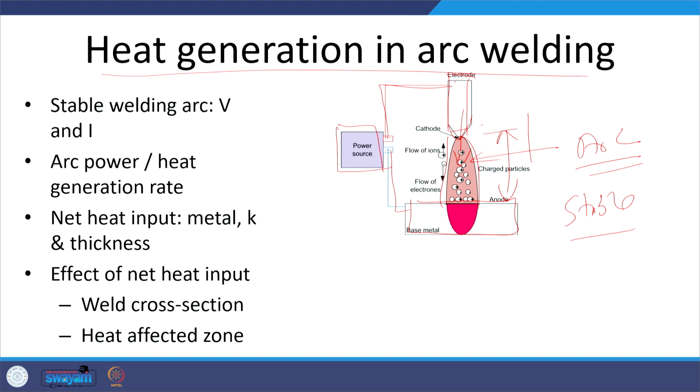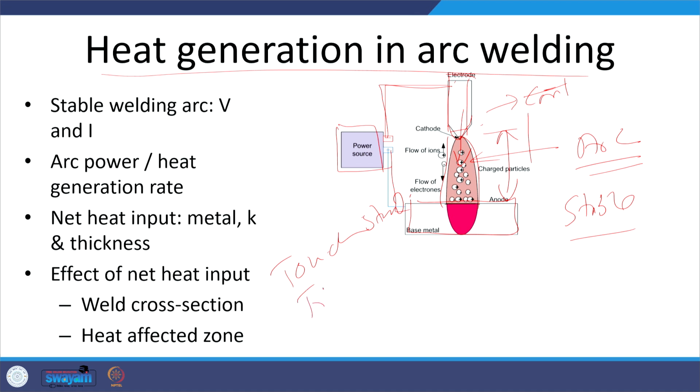When the arc is established, there can be multiple methods used for establishing it, like the touch start method, where the electrode is brought in contact with the surface of the workpiece and then withdrawn immediately.